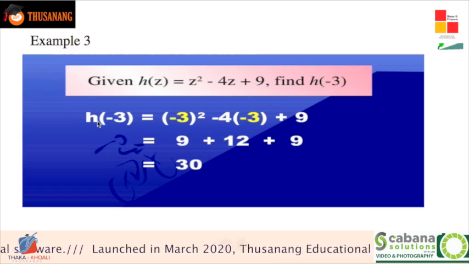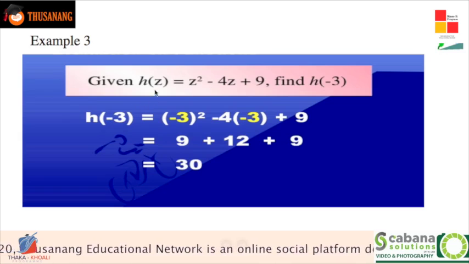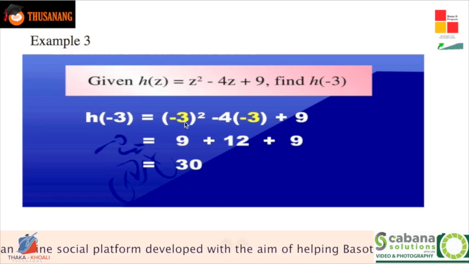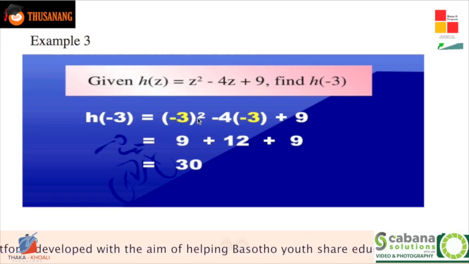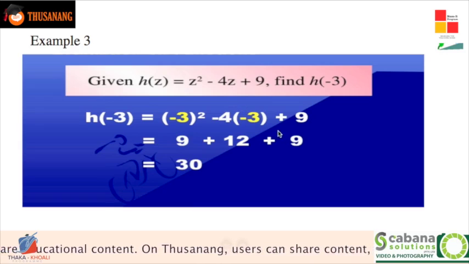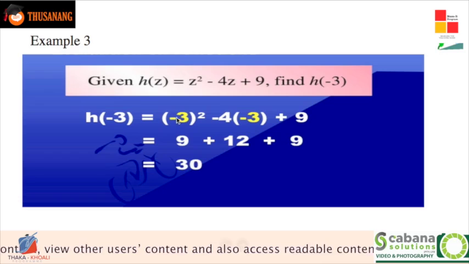So we have h of negative 3, in place of z, being equal to negative 3 raised to the power of 2 minus 4 multiplied by negative 3 for z, plus 9. So let's work this out. We are going to have negative 3 squared, which is negative 3 multiplied by negative 3.